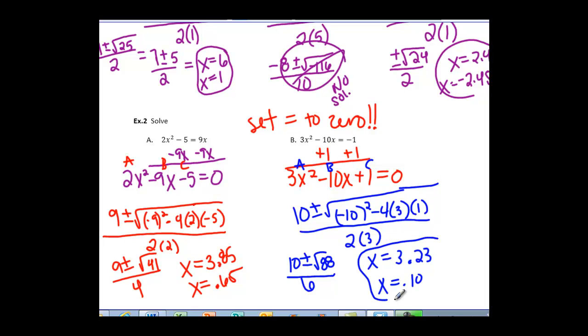When you completely solve, you should get x equals 3.23 and x equals 0.10.